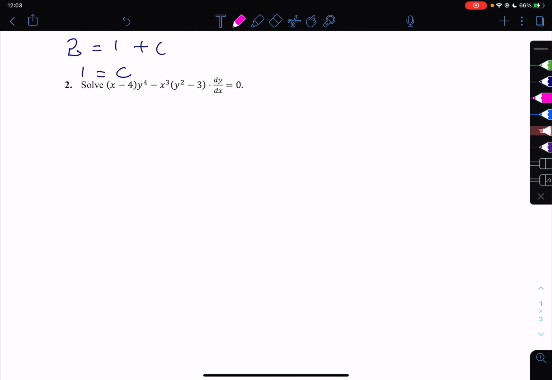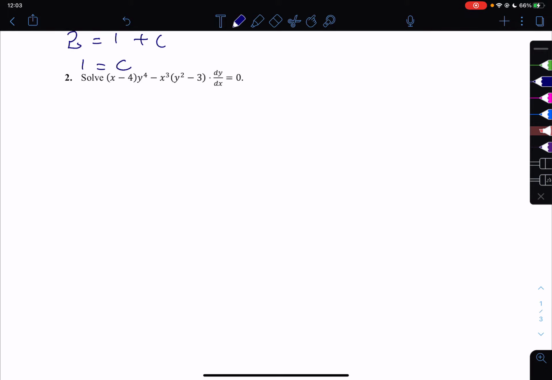So the next problem looks like this structure, and it's clearly first order. It is nonlinear. So unless I'm asking you to solve it graphically or by Euler's method, the only method we've learned is to use separation of variables for now.